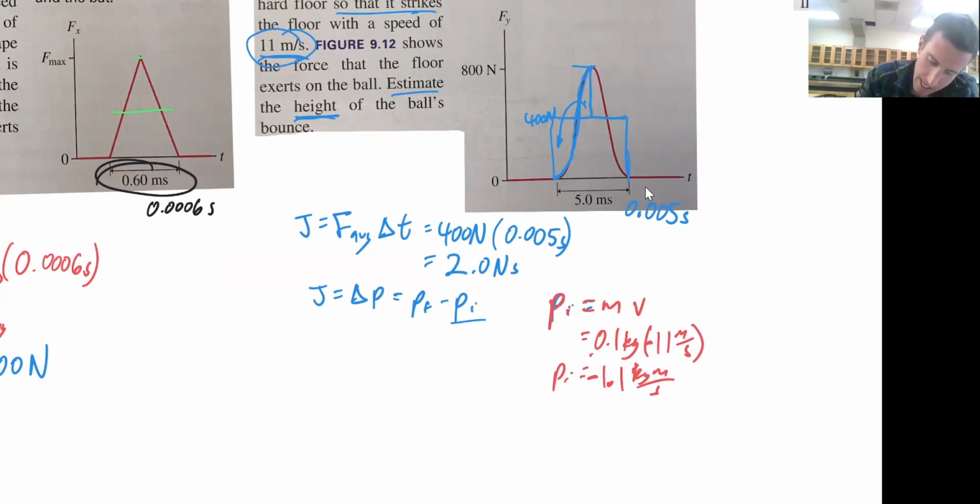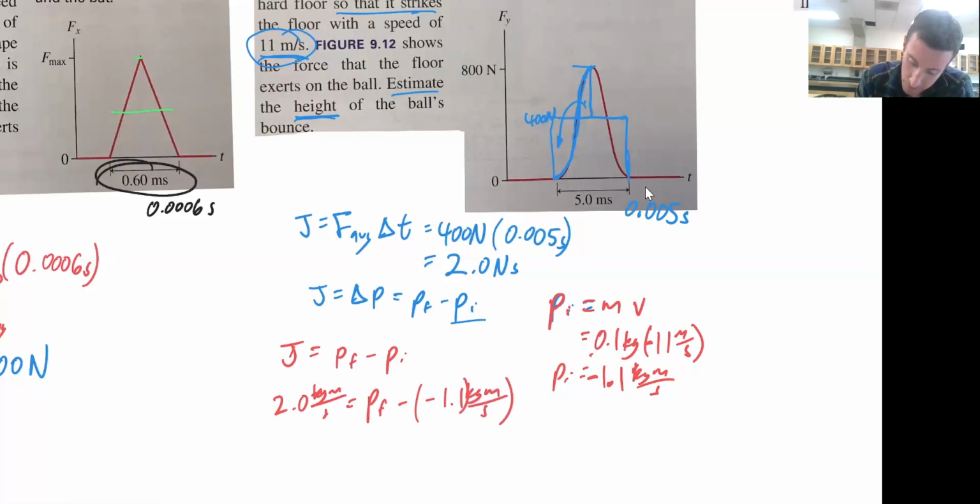Now I can say that J equals p_f minus p_i. 2.0 kilogram meters per second equals p_f, which is what I'm solving for, minus negative 1.1 kilogram meters per second.